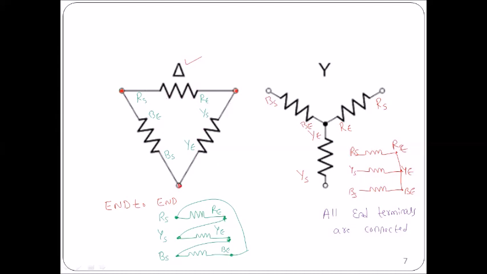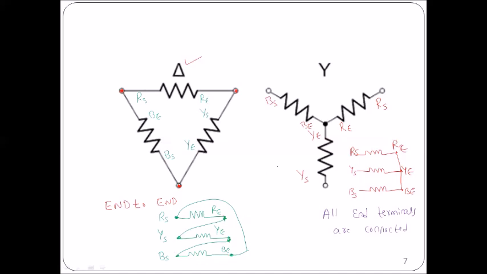So this is what is called the delta connection. It is an end-to-end connection, that is, the end of one is connected to the starting of the next phase, and the end of that particular phase is connected to the starting of the next phase, like that. This is what we have to remember as the star and delta connection arrangement.